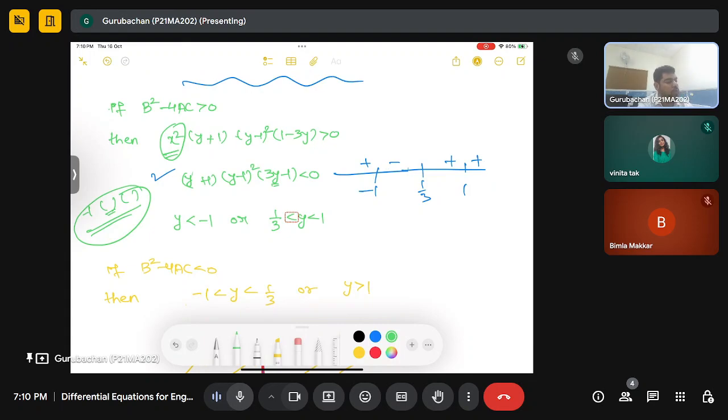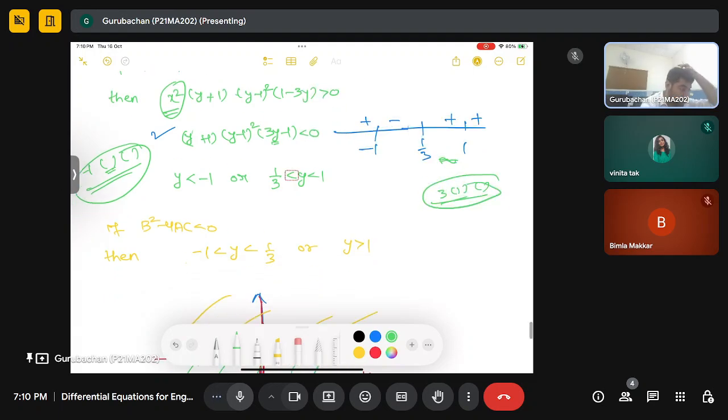So our sign convention is correct for this particular one. When you put 0, definitely it will be negative. And when you put any value in between this interval, or you can directly put 2, this value will be 3 into 1 into some positive quantity, that is a positive sign. So this is correct.